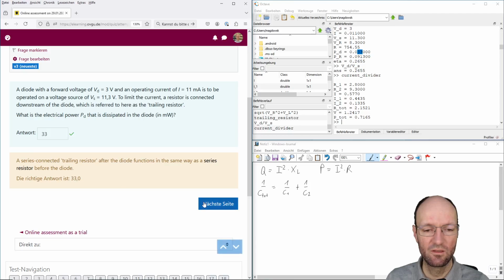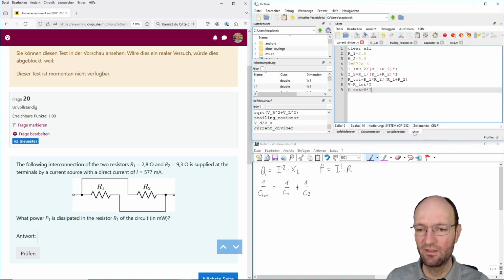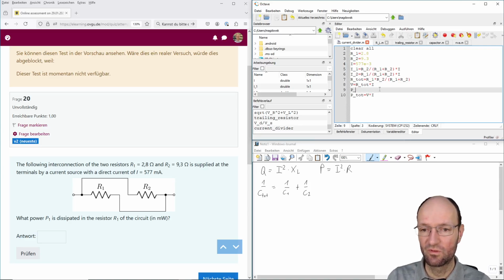Okay. Next page. What is the power P1 dissipated in the first resistor? So this is what we can get from the current in the first resistor multiplied with the voltage.